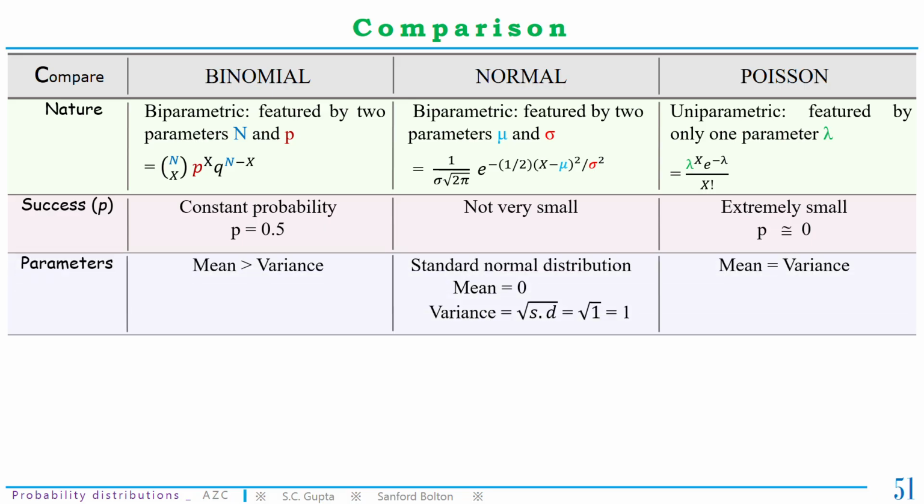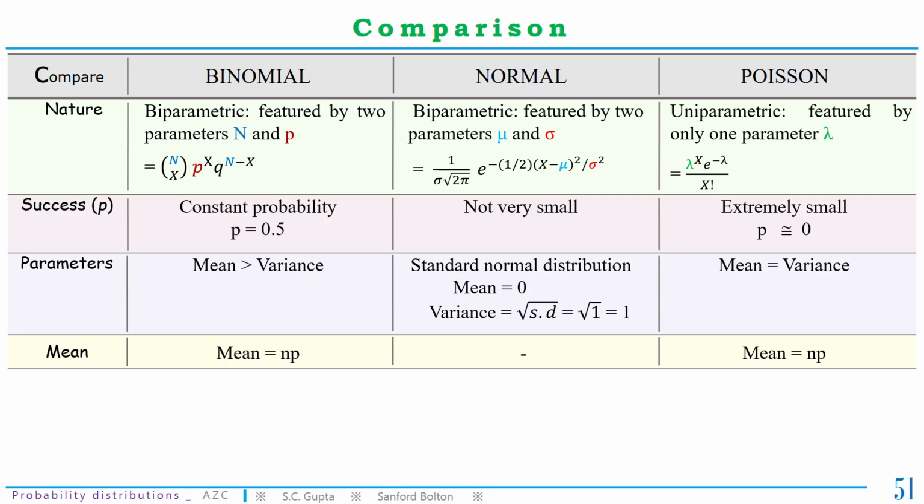In binomial distribution, mean is greater than variance. In normal distribution, that does not apply. In the standard normal distribution, mean is 0 and variance is 1. In Poisson distribution, mean is equal to variance.